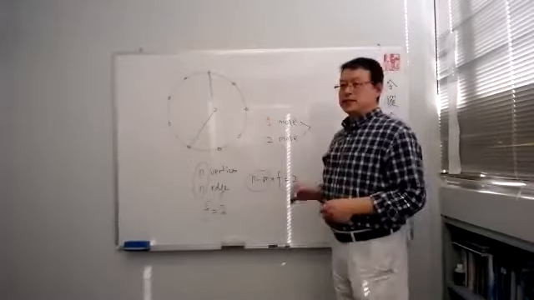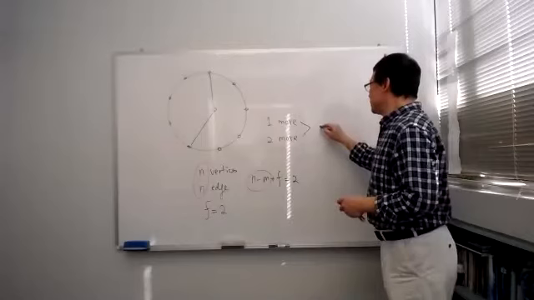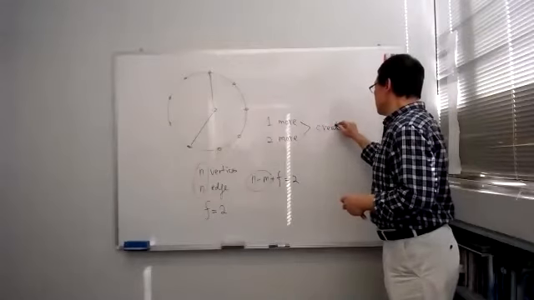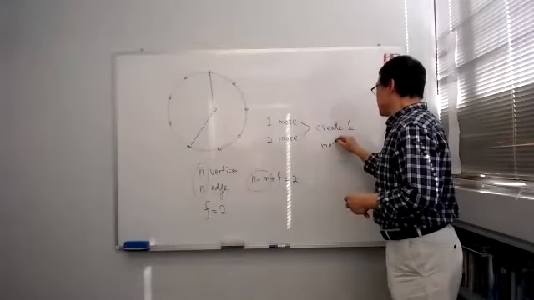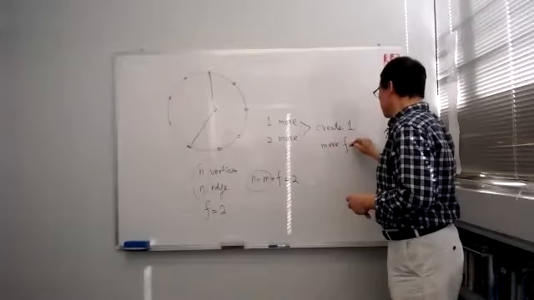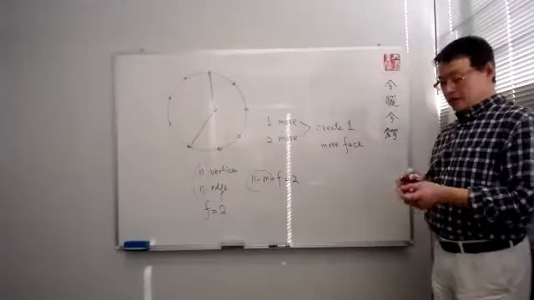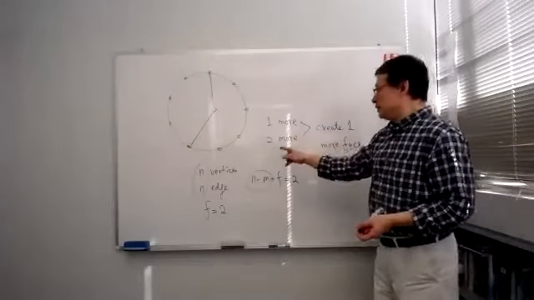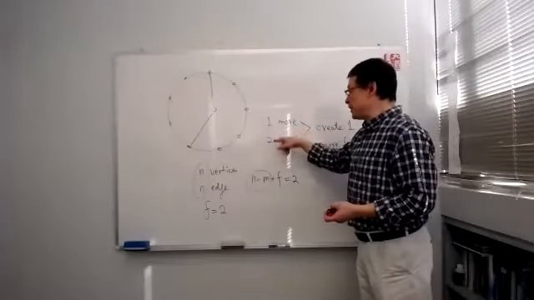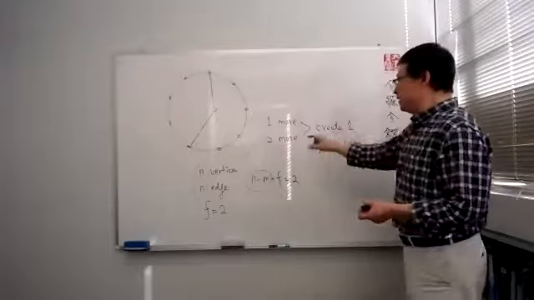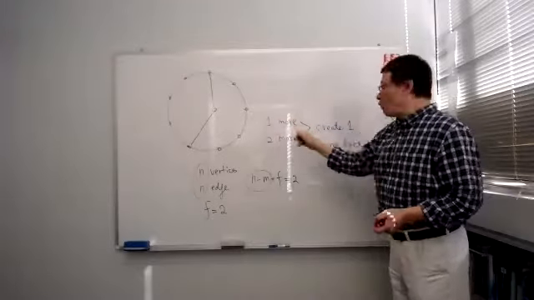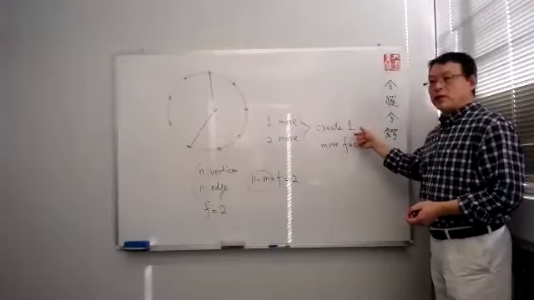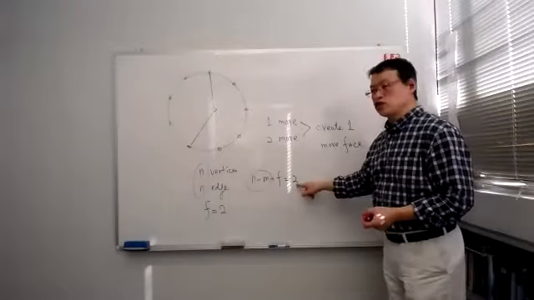By doing that, we create one more face. So the difference between the number of vertices and edges increases by 1, and the number of faces also increases by 1. So that 2 will not change.